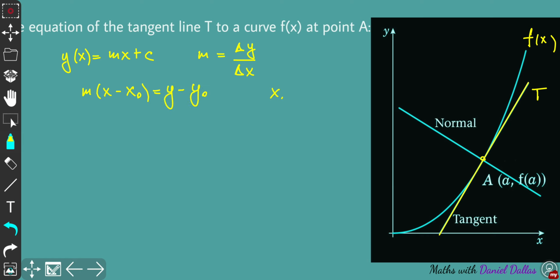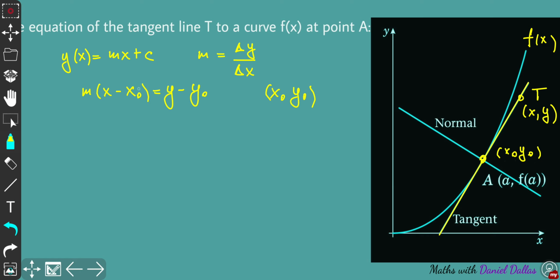Where x0, y0 is one point, and let's say x and y is another random point on the tangent line, with the coordinates x and y. And let it be the point with coordinates x0, y0. In other words, we already have one point, the given point A.